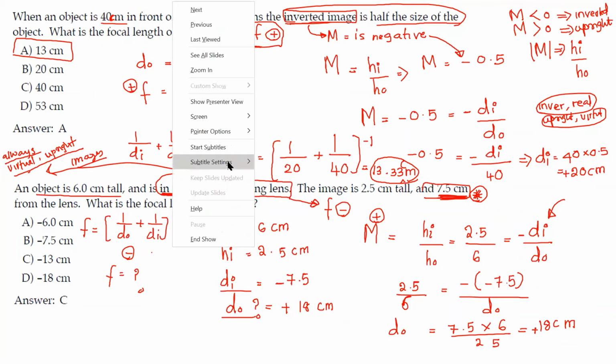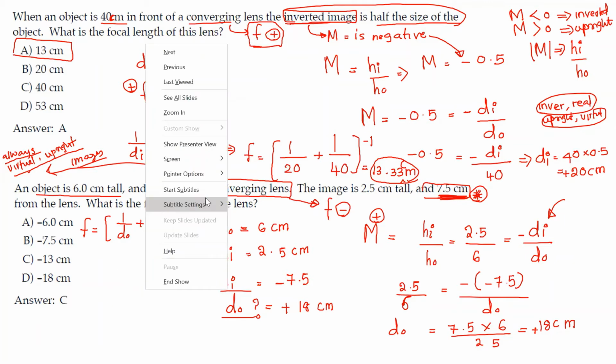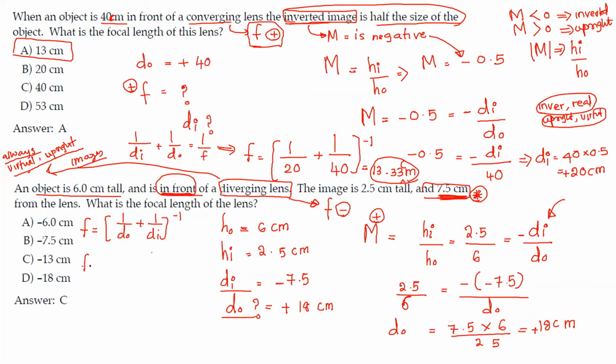We have to be careful when we are substituting because Di is a negative value. D naught is 18. What is Di? Di is negative 7.5, right? So this positive 7.5, this positive and this negative becomes a negative. So you have 1 over 18 minus 1 over 7.5, inverse.